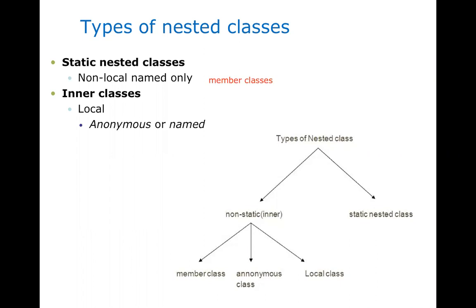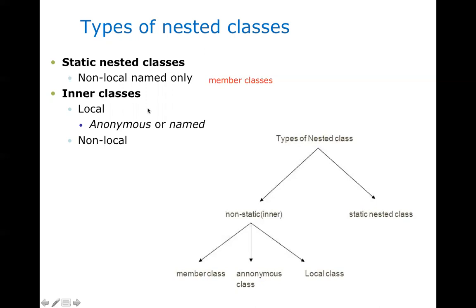And these local classes can be named or anonymous. A local class can have a name, that is a named local class, or it can be there without any name, that is called an anonymous inner class. And of course we have a non-local class as well, which is called a member class.